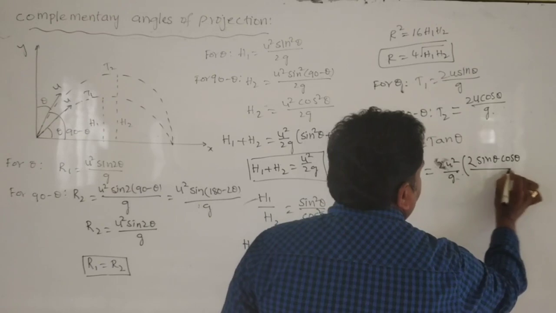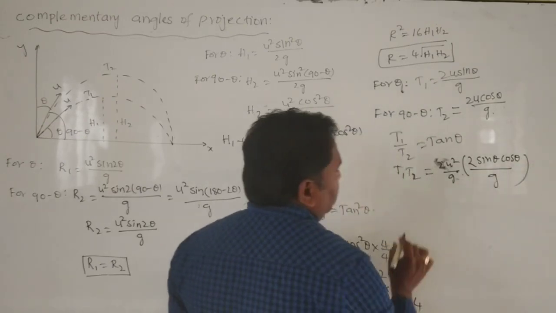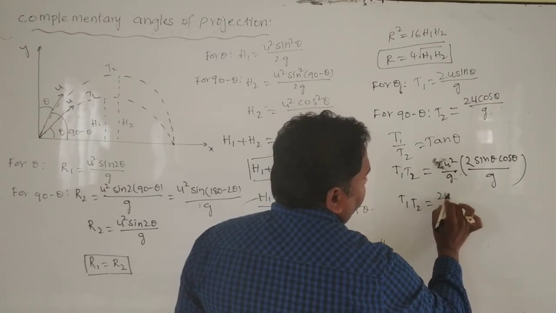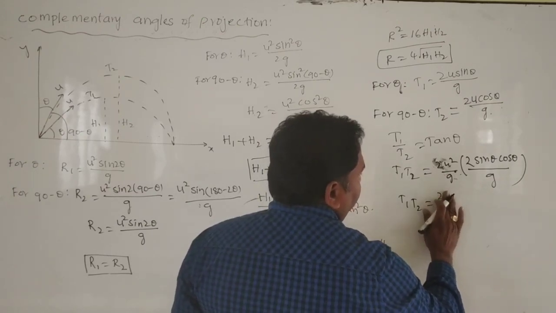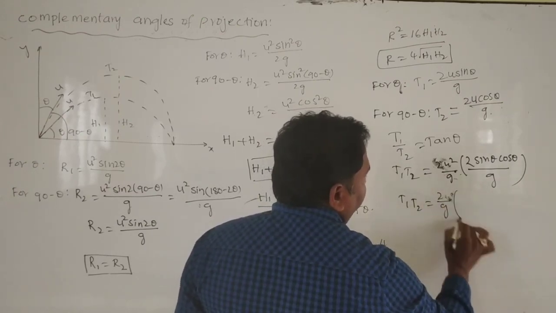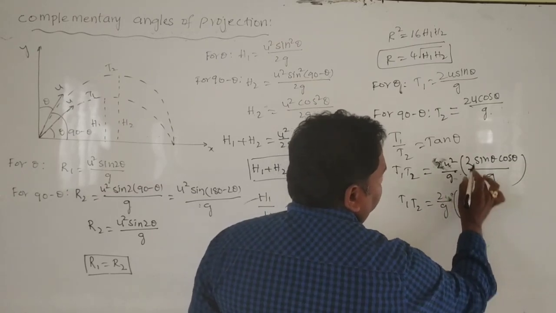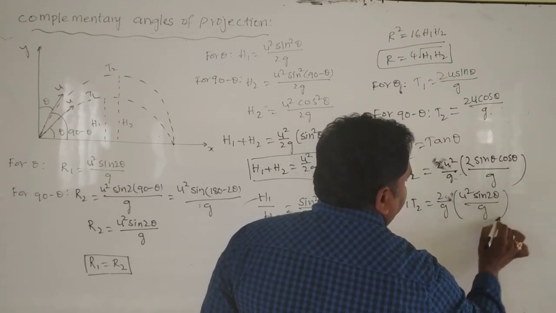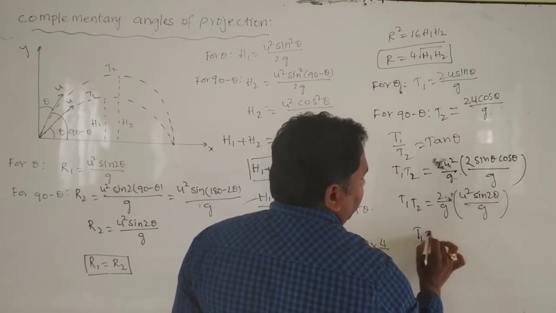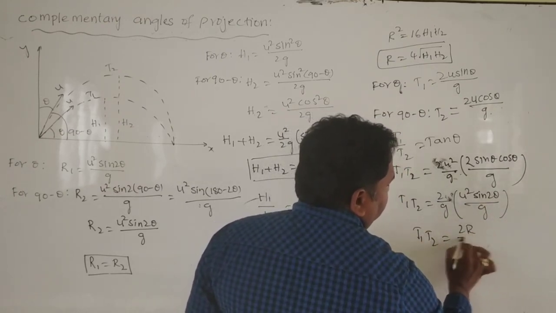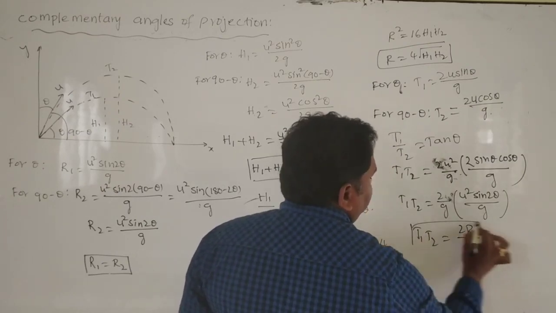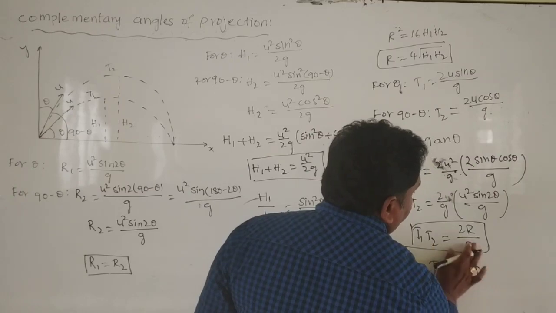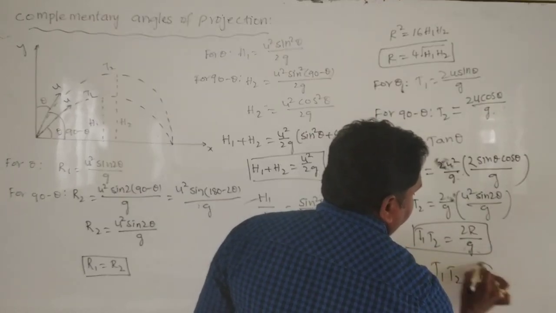Then one more g comes out, so t1 t2 equals 2 u square by g times sin 2 theta by g, which we can write as 2R by g. So this is a very important formula. Time is directly proportional to range.